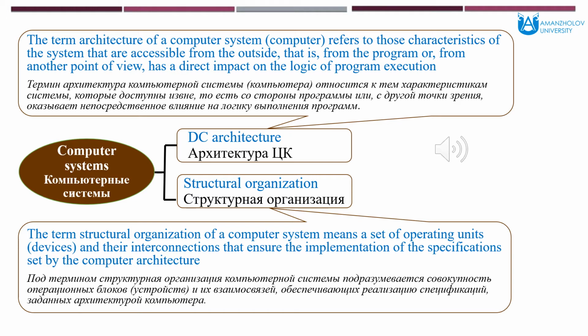Structural organization: the term structural organization of a computer system means a set of operating units, devices, and their interconnections that ensure the implementation of the specifications set by the computer architecture.